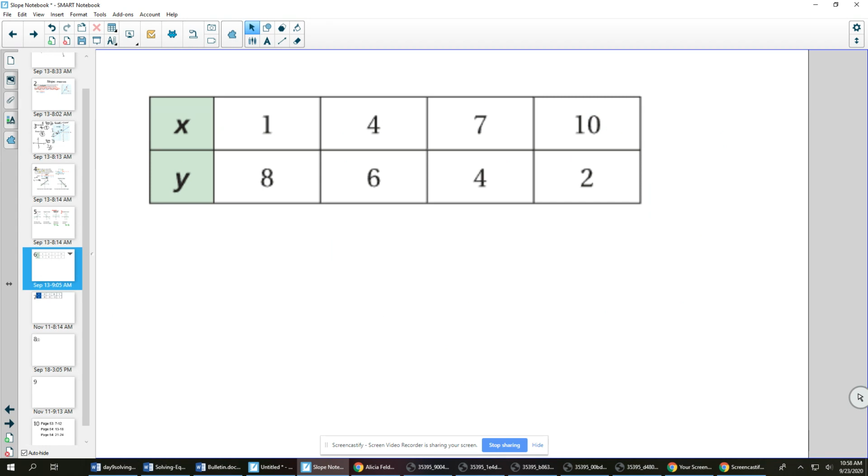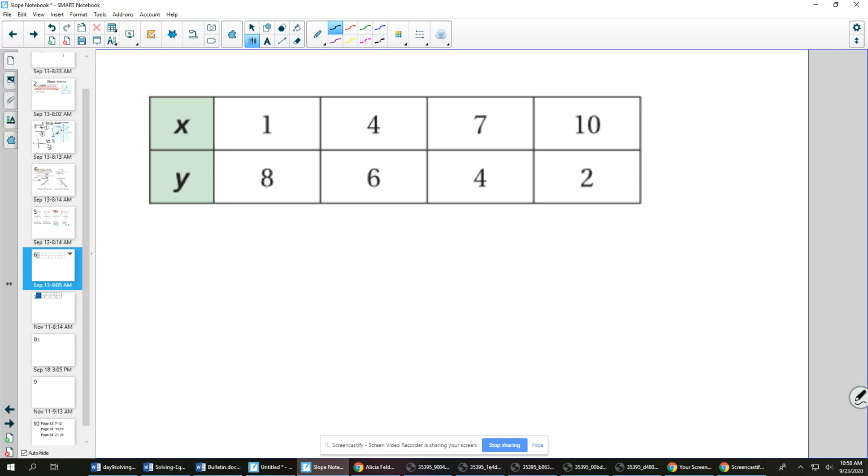Okay, so the next thing that we would need to know slope from is from a data table, which you guys are kind of pros at. You already know how to make them. So now we just have to figure out how can I get information from them without actually graphing all of these points. That is one way that you could do it. So if you forget how to find slope from a data table, you can always take these coordinates.